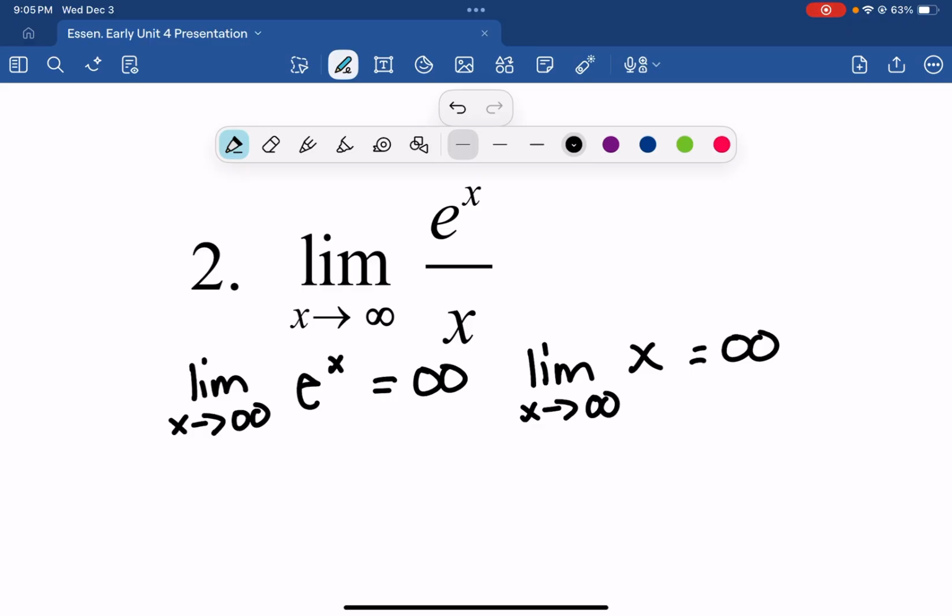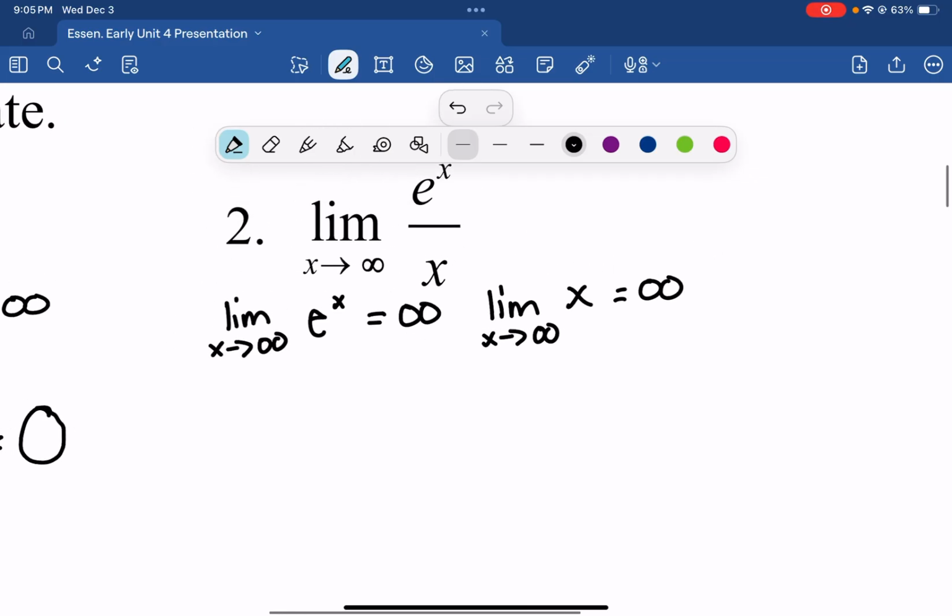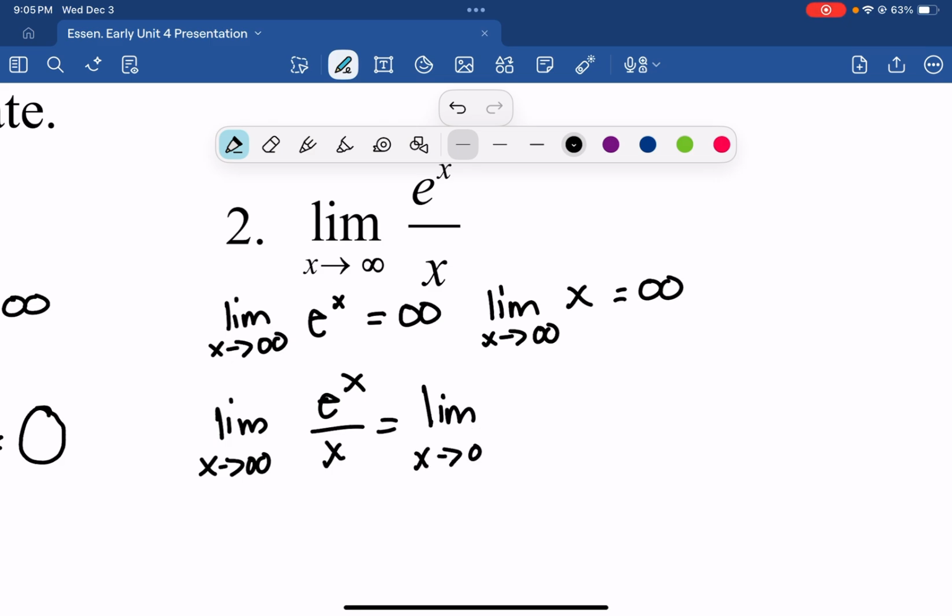If both of our limits of our numerator and denominator are equal to the same, either 0 or infinity, then the limit as x approaches infinity of e to the x over x is equal to the limit as x approaches infinity of the derivative of e to the x over the derivative of x, which is 1.